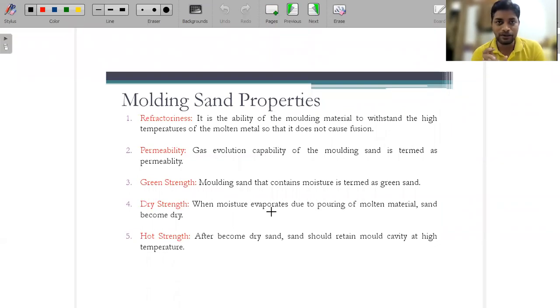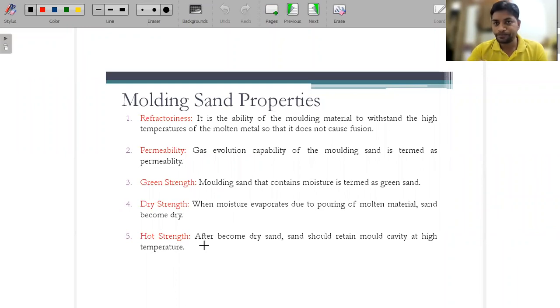If it still withstands that and retains its strength, then we call it green strength. Now after it becomes dry, there is a chance of cracks in the molding sand. If it still resists the molten material in the dry condition, then that is the dry strength.